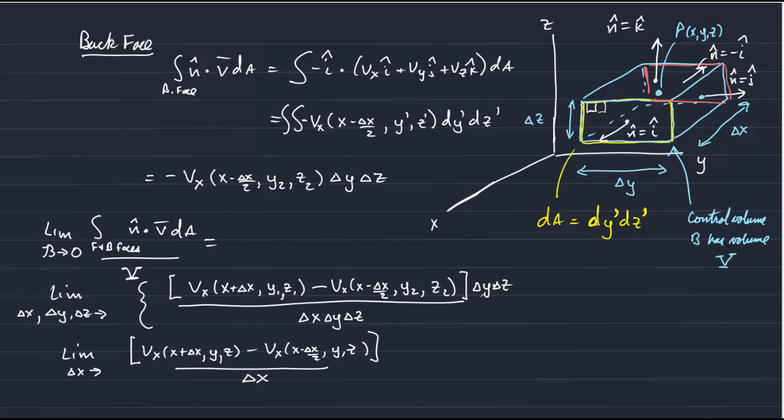Okay, because this delta y and delta z divide out in this top expression. And you might recognize this as a derivative. So we're looking at the value of Vx at x plus delta x over 2 minus Vx at x minus delta x over 2, and that's equal to the partial derivative of Vx with respect to x.